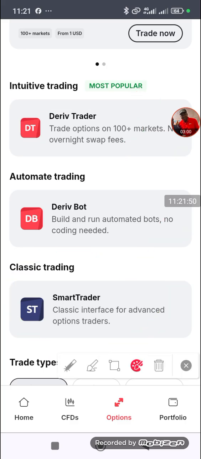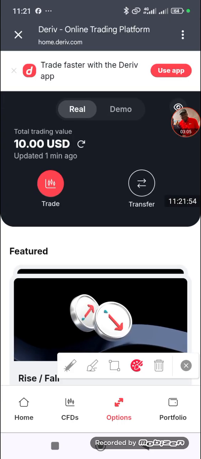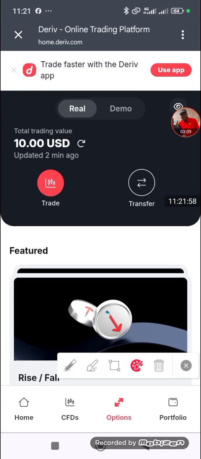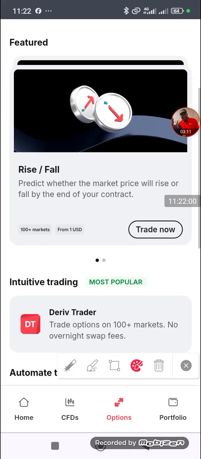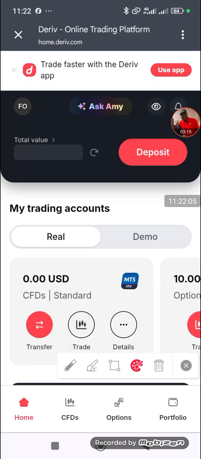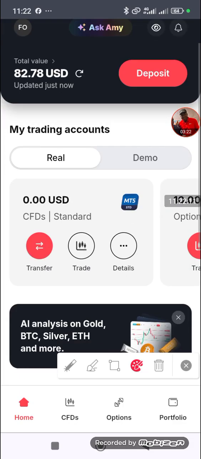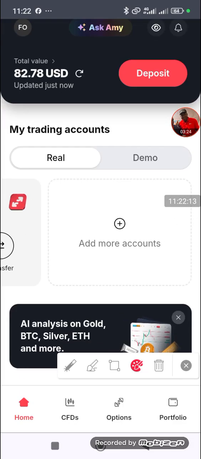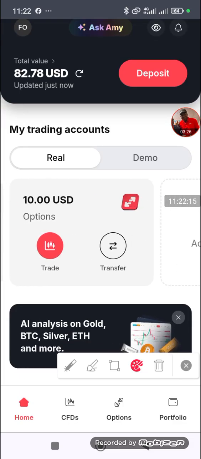Now, if I want to get started, you are new. You are seeing this after you must have funded your account. Once you fund your account, your money will show here on your home, but it is not going to reflect in your trading account. So what you need to do is a transfer.